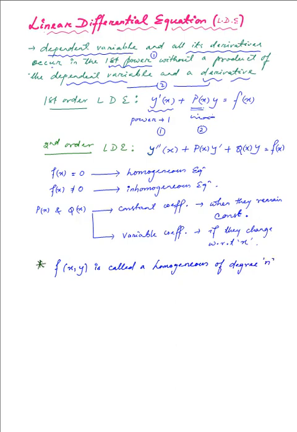Well, it's not an equation, it's a function, so it's a homogeneous function of degree n if we can represent it as follows. If we multiply by a constant lambda, f of lambda x, lambda y gives me lambda to the power n times f of x, y. Then it will be a homogeneous function of degree n. Let's take an example.